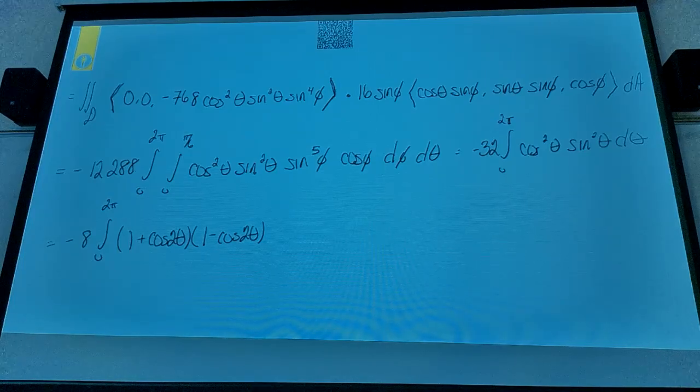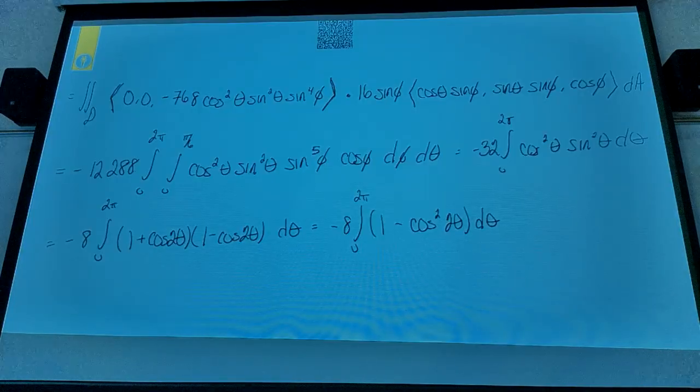Sine squared is a half, 1 minus cosine 2 theta. Two squares.